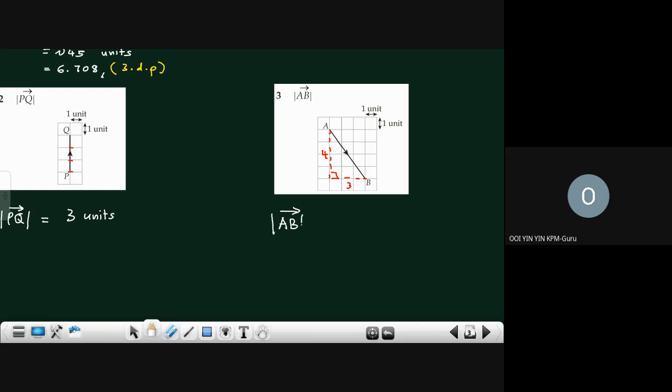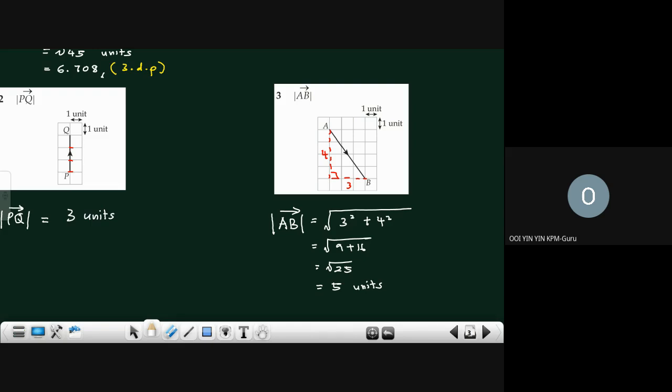Your magnitude then equals, like I told you just now, we need the square root. Which one comes first, vertical or horizontal, never mind: 3 squared plus 4 squared. Then you get 9 plus 16, which equals 25. The square root of 25 is 5. Then you can write down your units. Done.